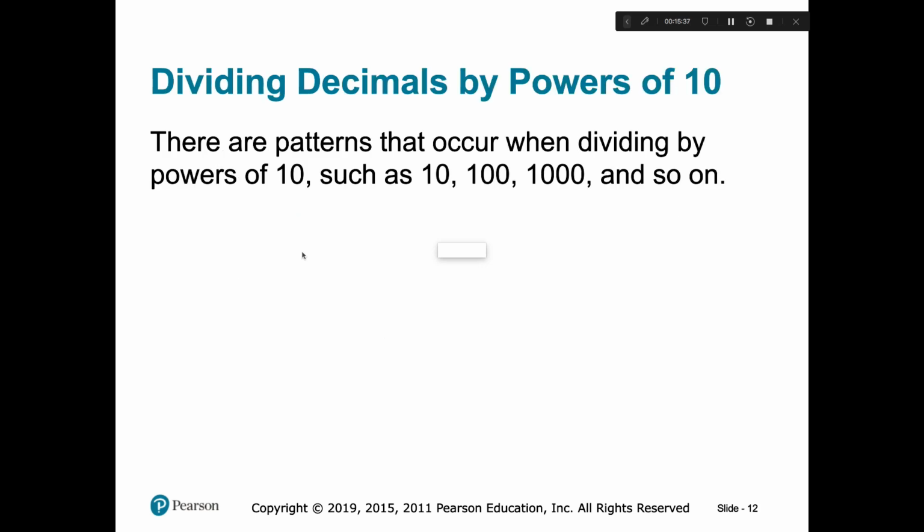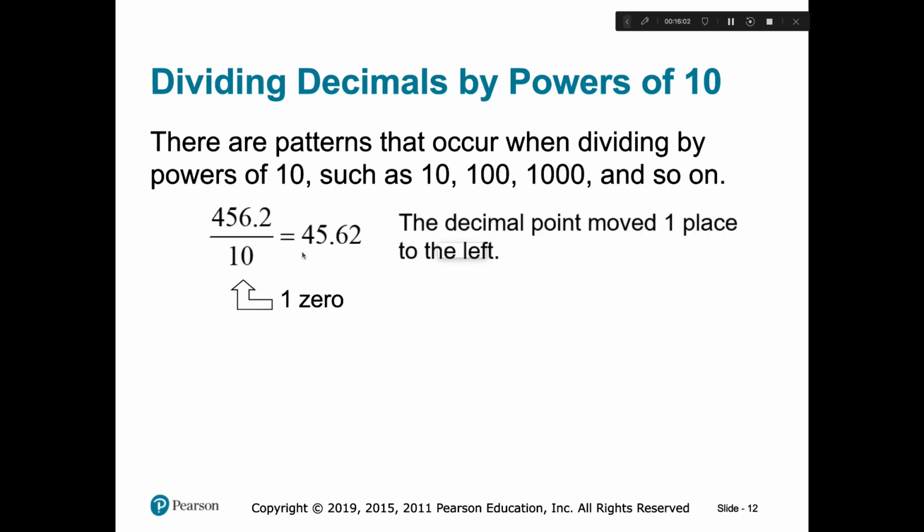When we divide by powers of 10, it is exactly the opposite of when we multiply by powers of 10. So if we divide by 10, 100, or 1,000, we move our decimal to the left. We move the decimal however many zeros are in our number. There's 1 zero, so we move our decimal point 1 to the left.